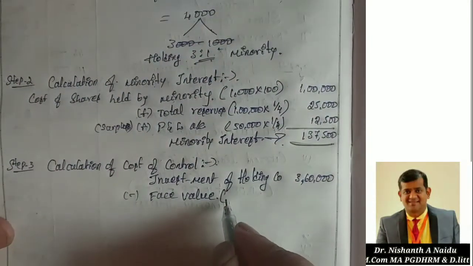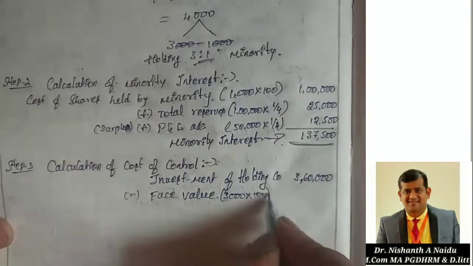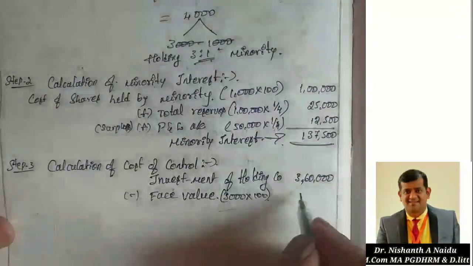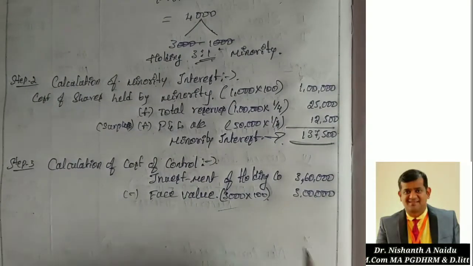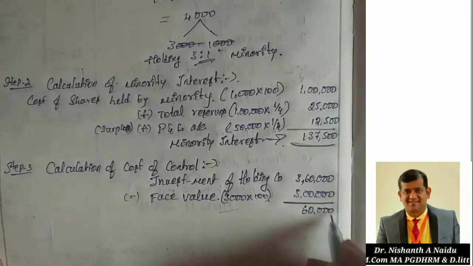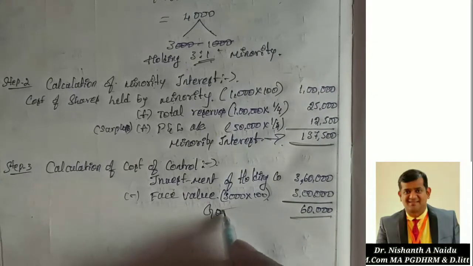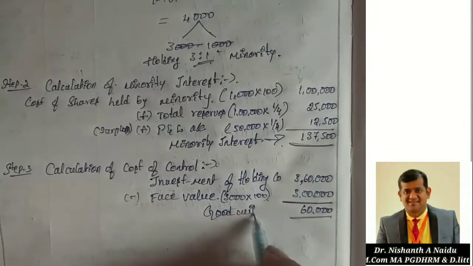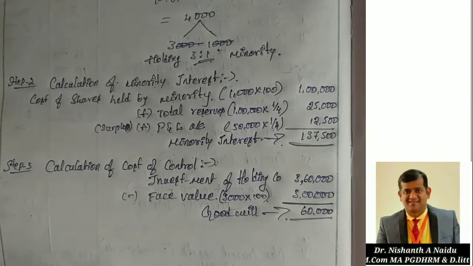Number of shares held is 3,000. Face value of the share is 100. So 3,000 into 100 is 3 lakh. So how much excess has been paid? 60,000 rupees. Whatever excess paid, we consider that as goodwill, correct? So this is going to be goodwill. Okay, so we are done with the third step.